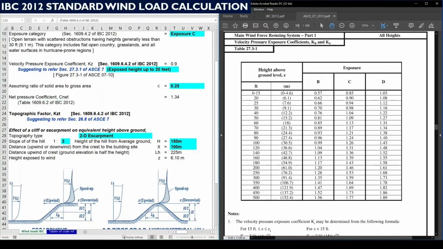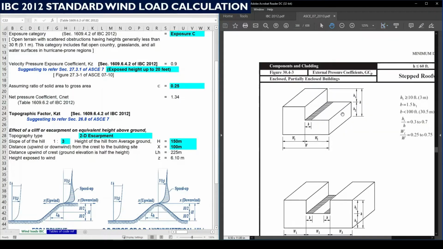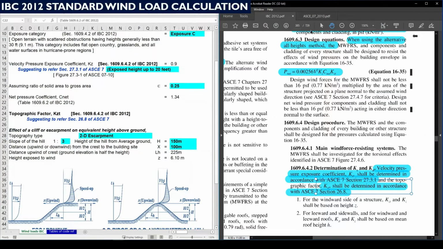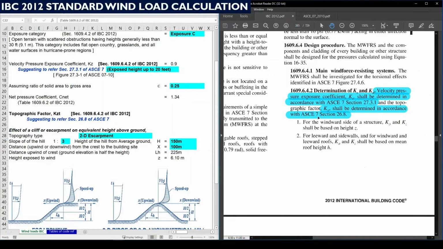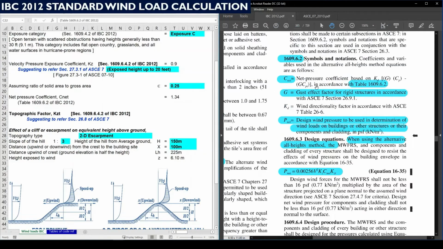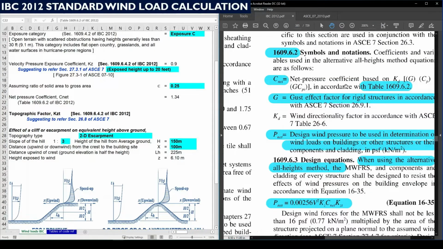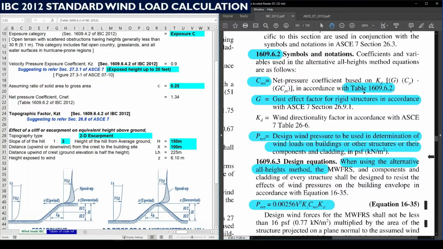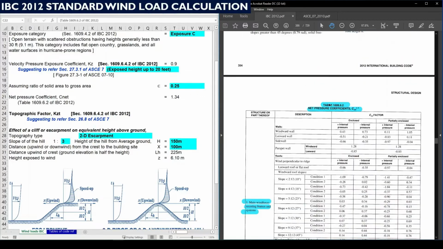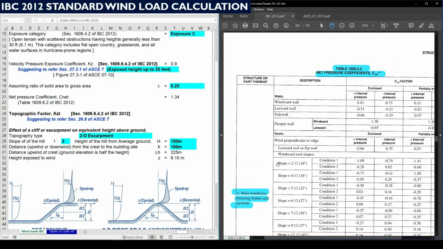For that, you have to go to page number 386. So here you can see the net pressure coefficient based on Kd or GCpA in accordance with table 1609.6.2. So here it is.